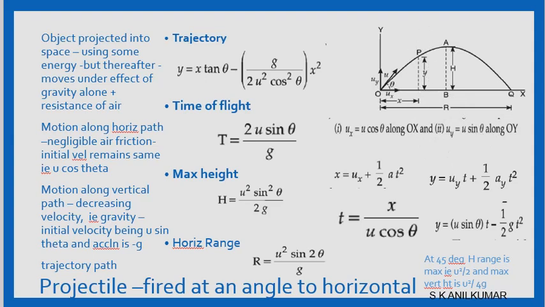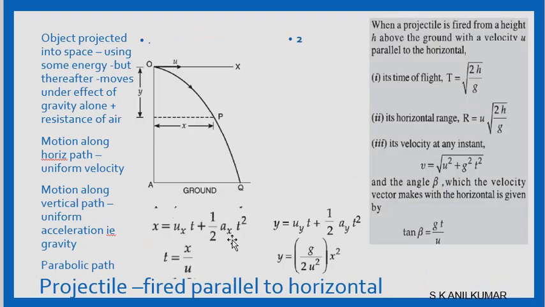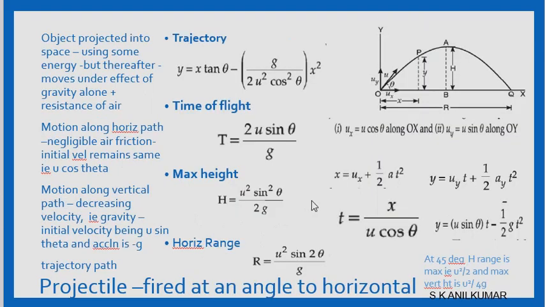y is the height and x is the distance. So x equals uxt plus half into axt square, and y equals uyt plus half into ayt square. Why?